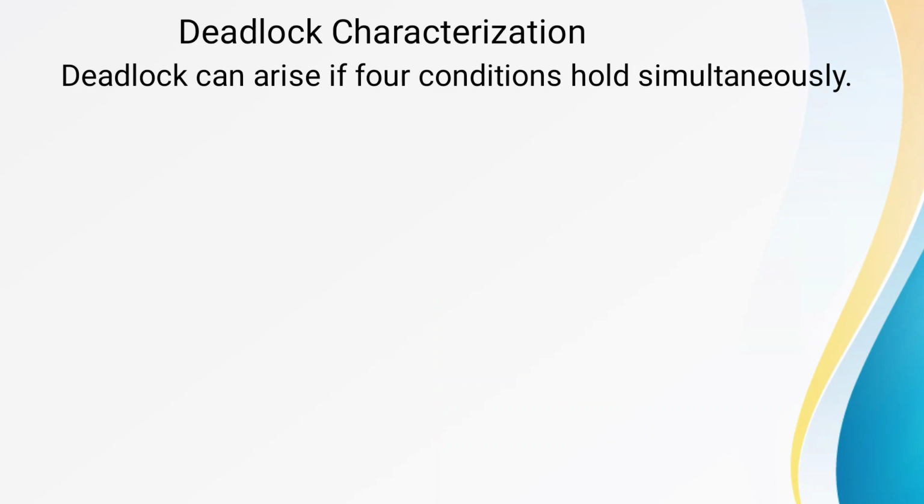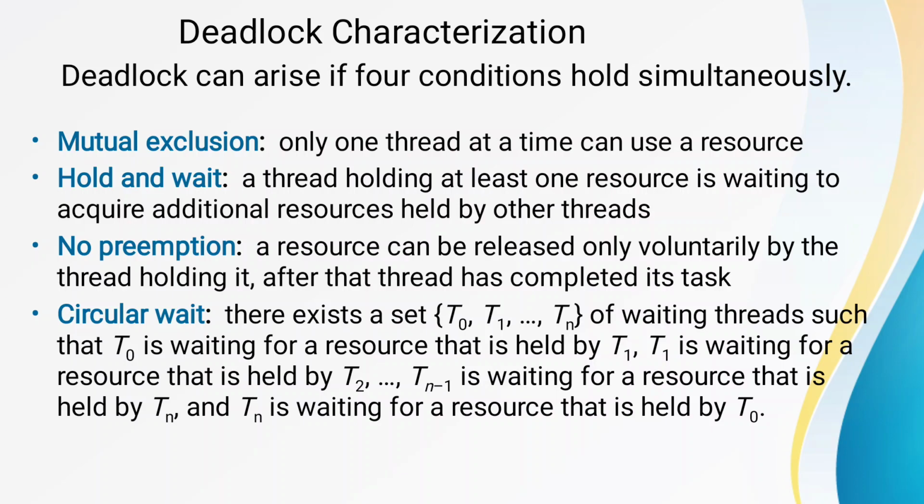In deadlock characterization, deadlock can arise if four conditions hold simultaneously. The first is mutual exclusion, then hold and wait, no preemption, and circular wait.